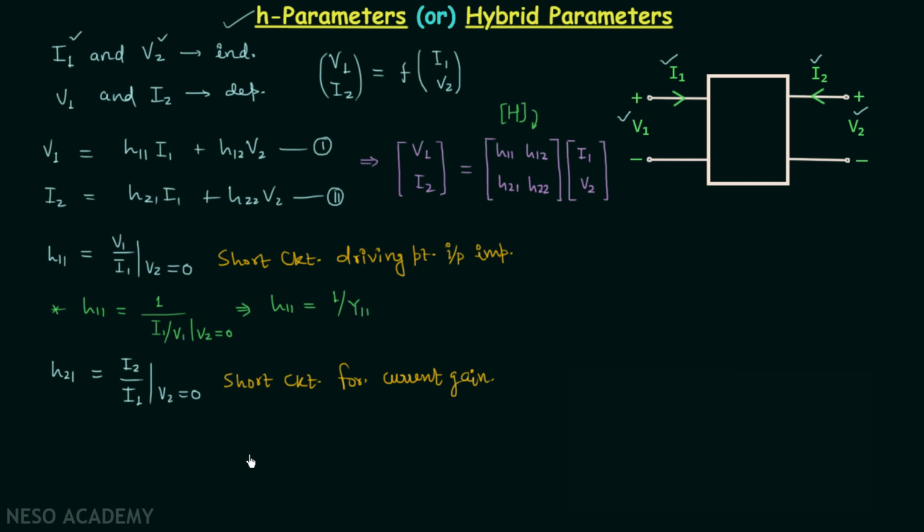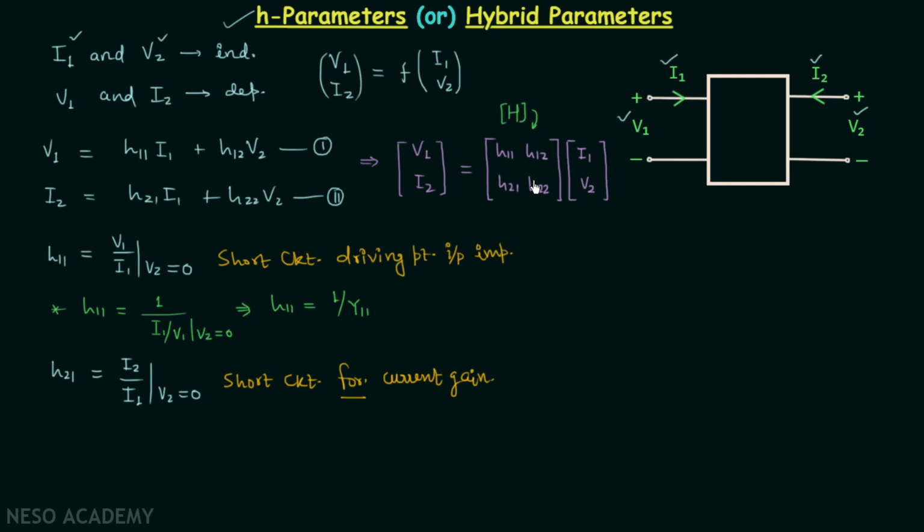Why forward current gain? Because we have the current of output port divided by the current of input port. Therefore, we are using forward in the naming. If it was I1 divided by I2, the name would be short circuit reverse current gain. So we are done with H21.